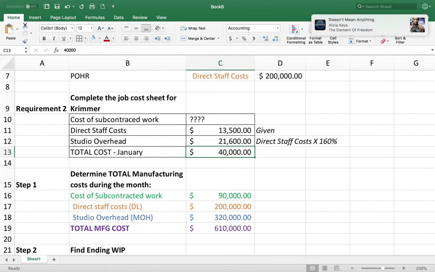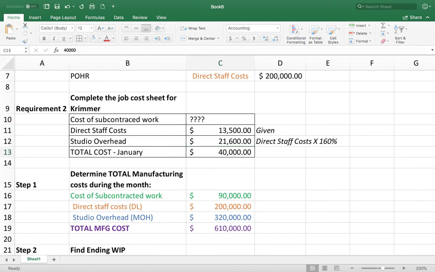I'm going to basically take that and subtract the 21,600 and subtract the 13,500, and this brings me to the cost of the subcontracted work of $4,900. Okay, now if this was a little confusing, it was a little confusing to me too. Don't worry about it. I'm not going to ask you a question quite this complicated on the exam, but this is a really good example of how things might apply to a service company.